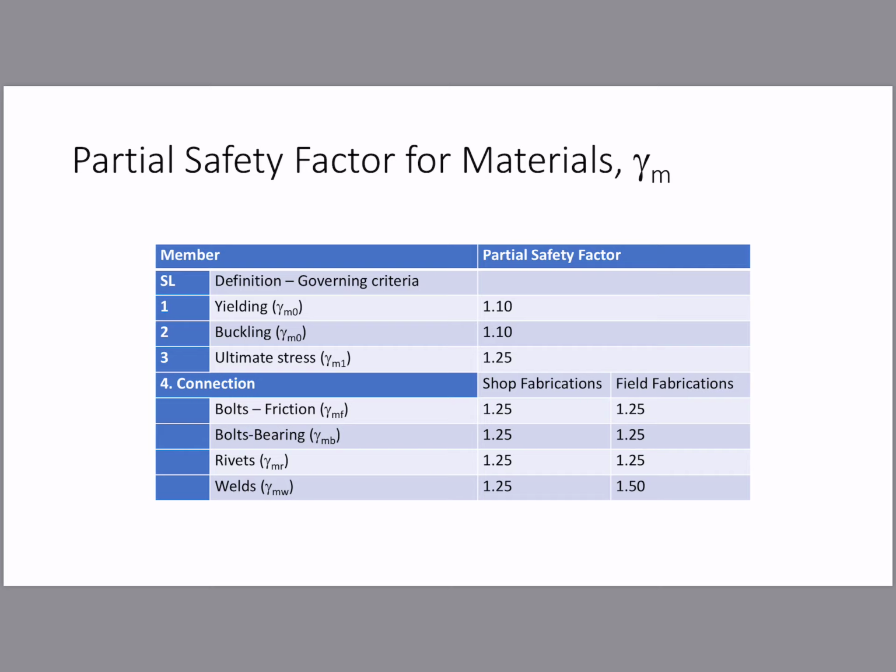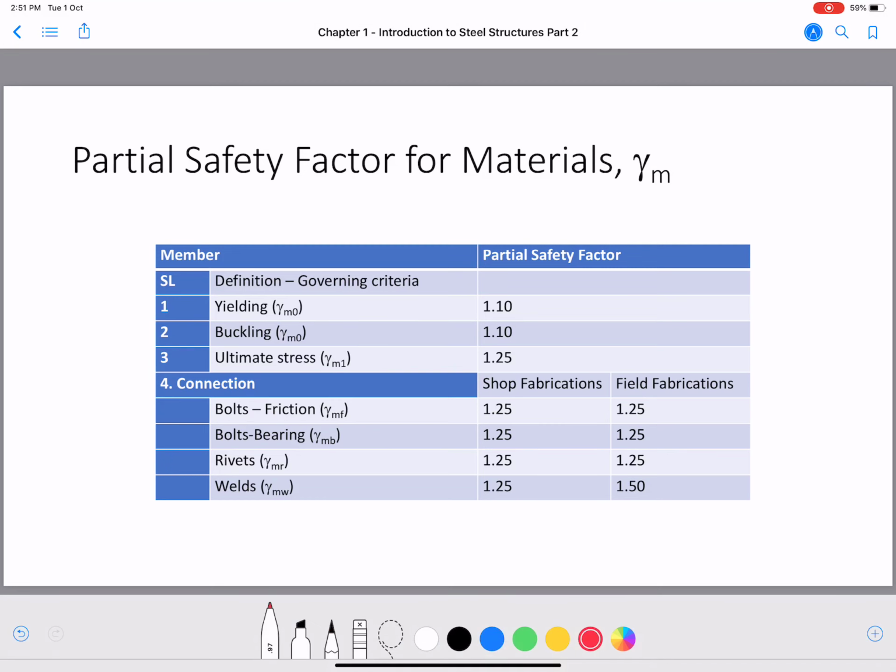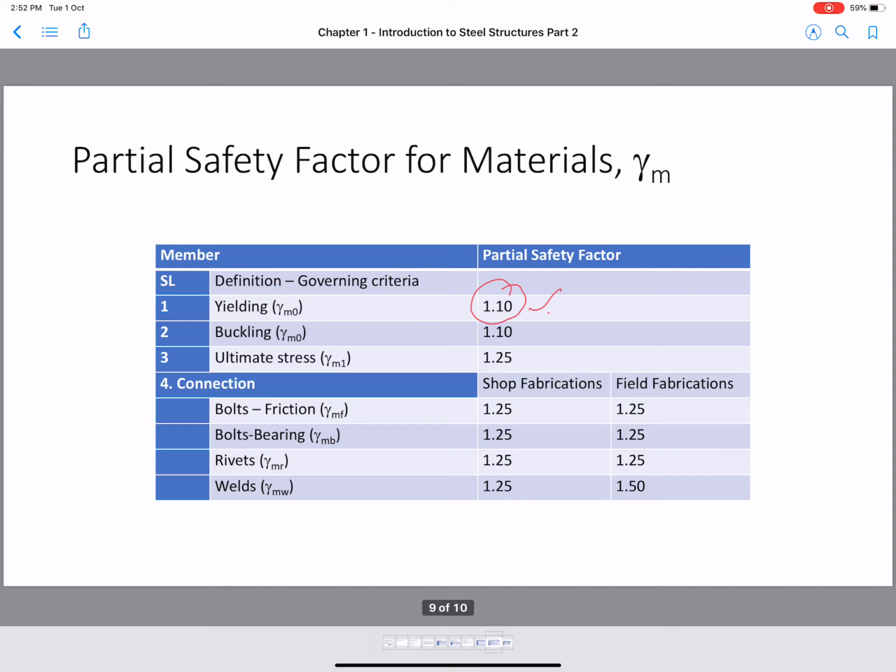That's why we divide the yield stress by a particular safety factor, for example 1.10. Even when the material is not reaching the yield strength, it is still safe to use for the design, because we already reduced the strength by 10%. If any member, like a slender member, does not reach the yield point, this safety factor will save the design. That's why we use safety factors for the design of materials.